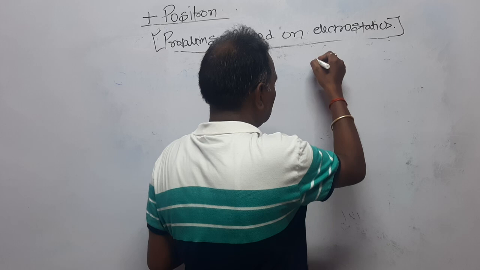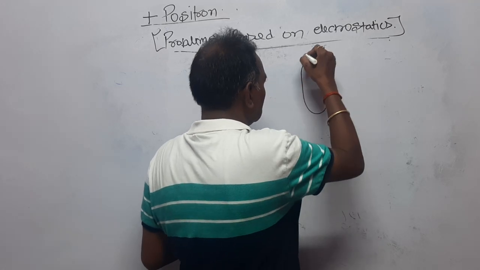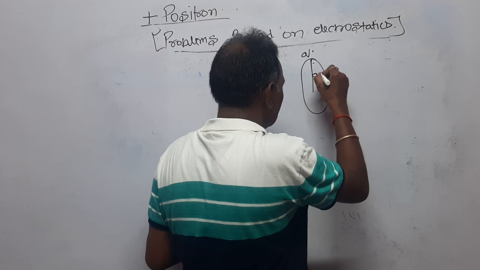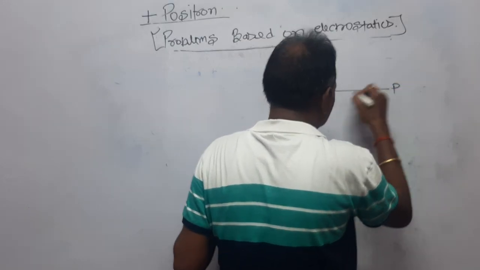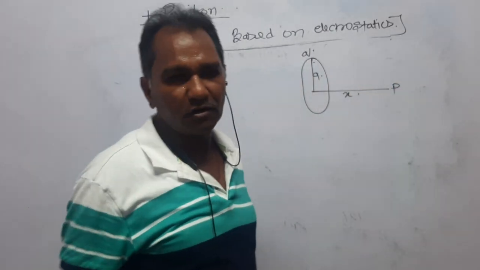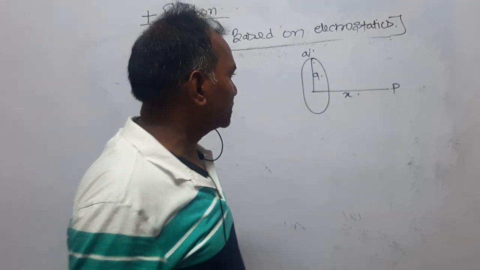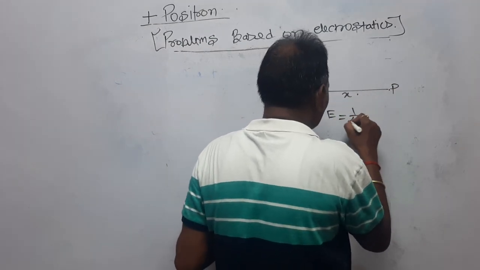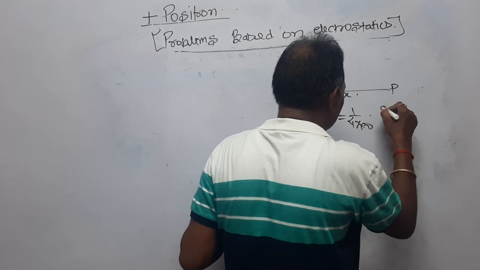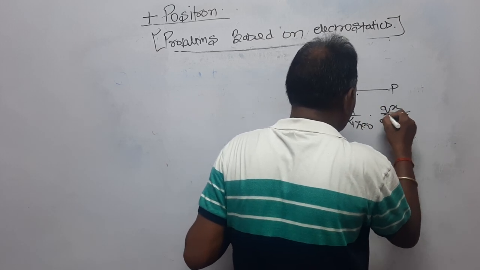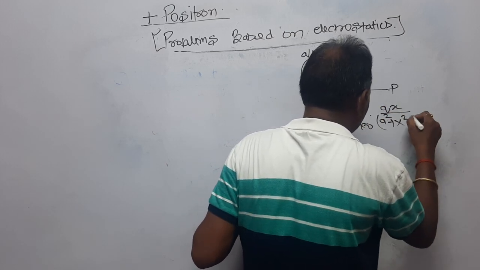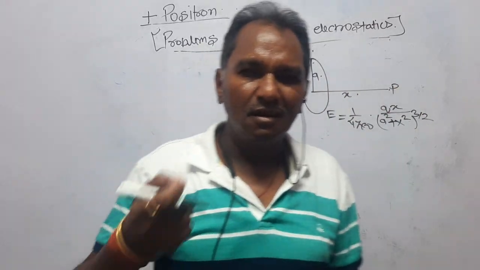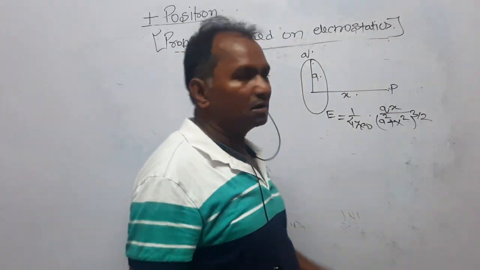What we have found out: it was a ring, the total charge distributed was q, the radius was a, and a point P was at a distance small x away from the center of the ring, where we have found E is equal to 1 upon 4 pi epsilon naught q into x over a square plus x square to the power 3 by 2. This point P is existing on the axis of the ring.